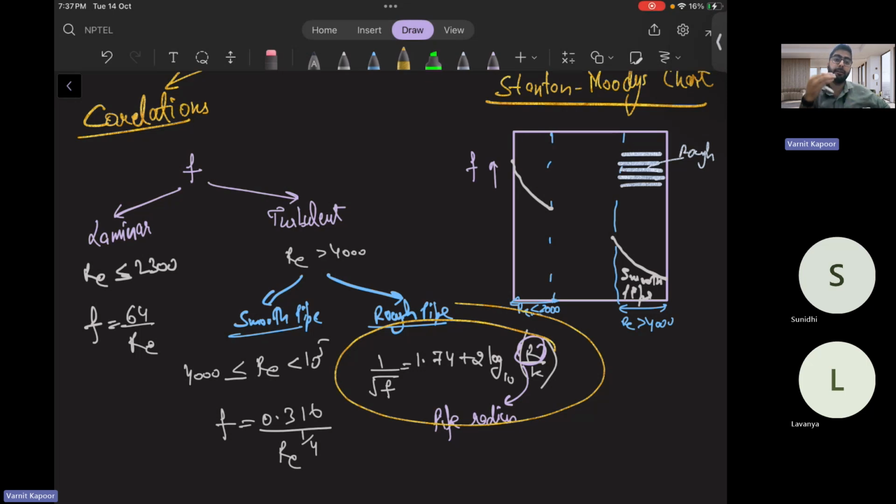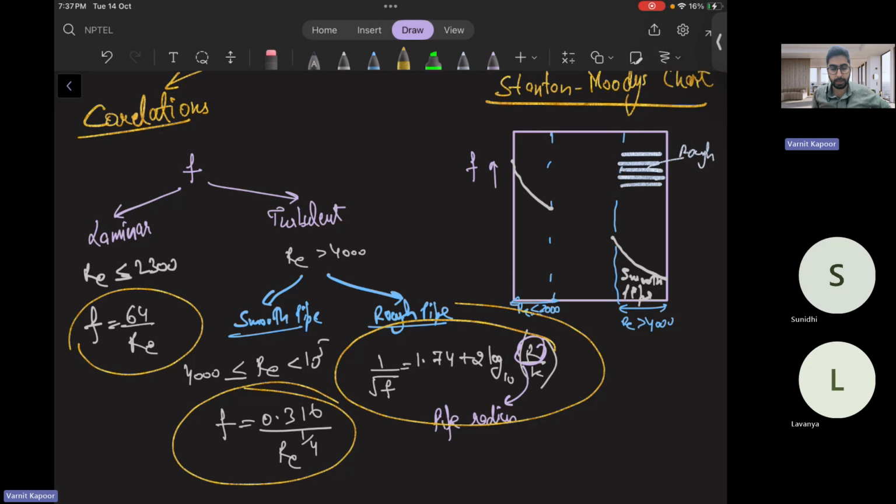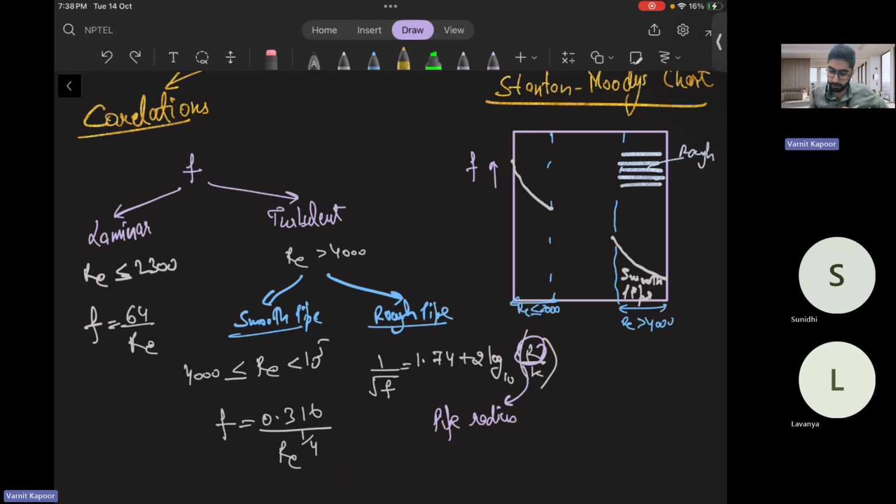Instead, it is a function of the relative roughness height, that is K. Whereas in the laminar and turbulent smooth pipe, it is dependent on the Reynolds number, not the K value. You get a value of epsilon, that is K by D, where epsilon is relative roughness.